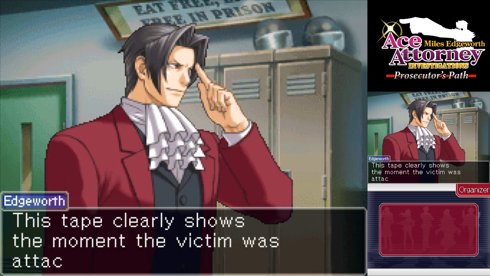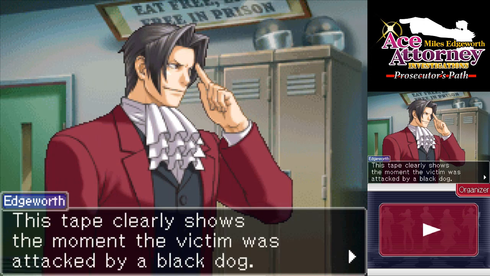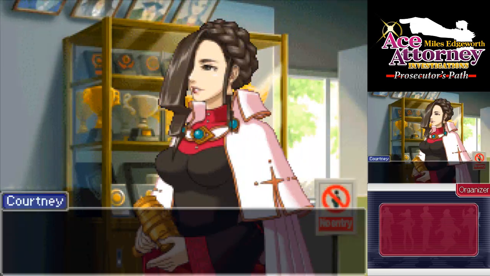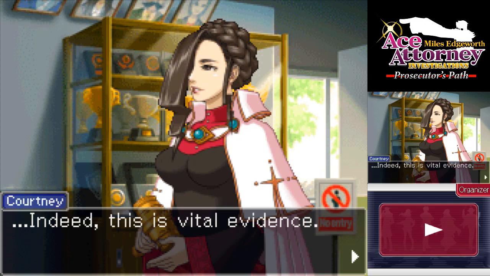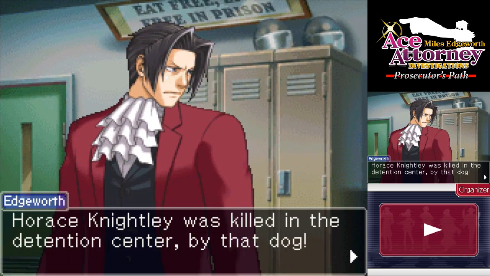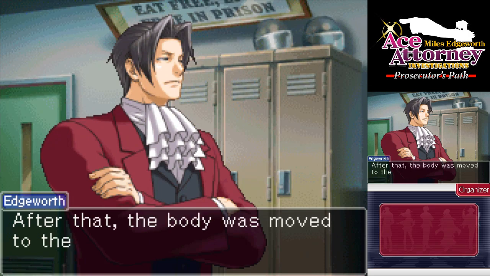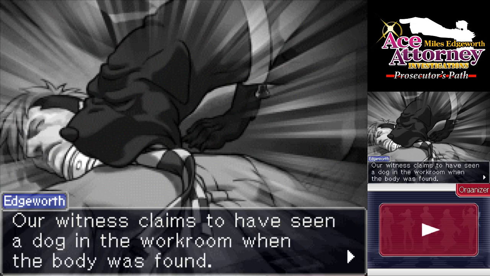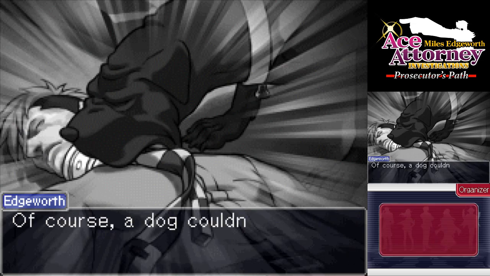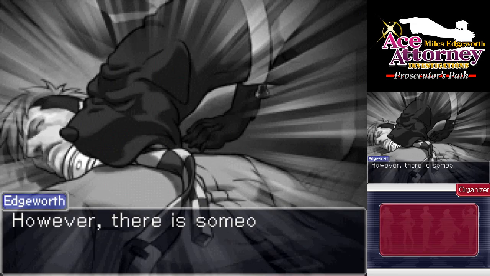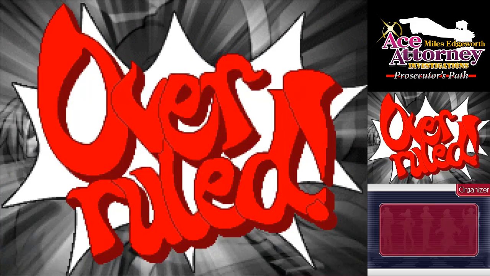This tape clearly shows the moment the victim was attacked by a black dog. I believe this is sufficient proof, wouldn't you say? Indeed, this is vital evidence. Horace Knightley was killed in the detention center by that dog. After that, the body was moved to the prison workroom. Our witness claims to have seen a dog in the workroom when the body was found. Of course, a dog couldn't have planned this crime on its own. However, there is someone who could have.